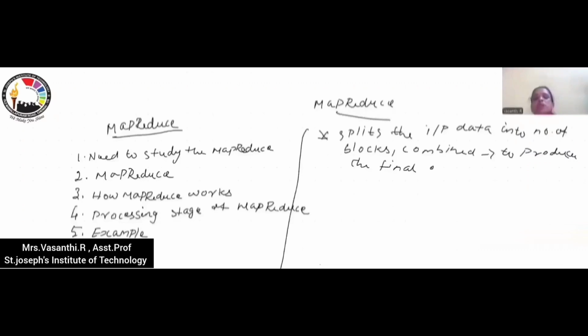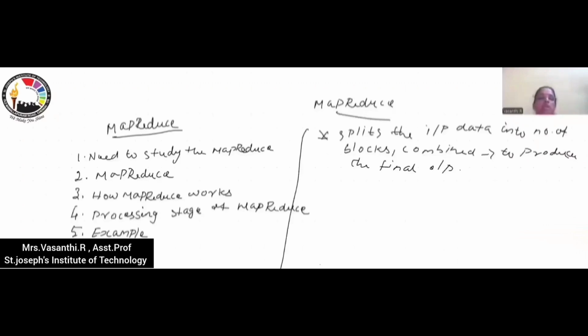So this is a very simple way of understanding the MapReduce concept. Assume we have an input file. That input file is split into a number of blocks. Again, it combines them into the final output.